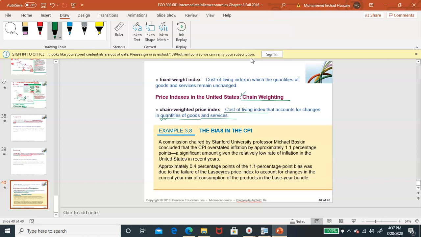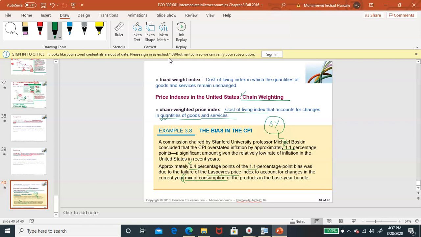If we look into this 1.1, inflation for the last decade was about say 3%. Just imagine, out of that, 1.1 is due to this error. The professor also says that approximately 0.4 percentage points of the 1.1 percentage point bias was due to failure of the Laspeyres price index to account for changes in the current year mix of consumption.